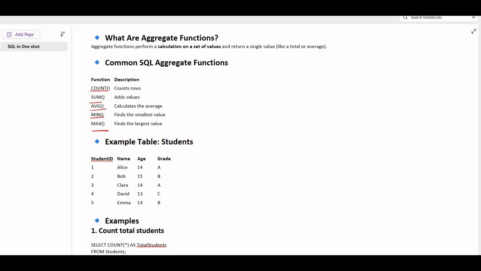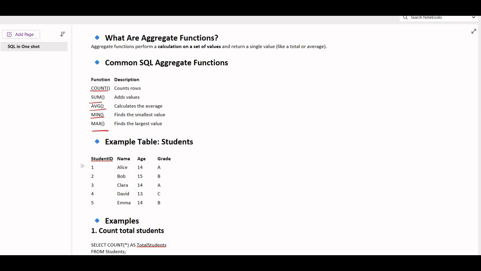SUM adds the values. AVG calculates an average: it adds the values and divides by how many numbers you added, that many as the n value in the denominator. MIN gives the smallest value. MAX finds the largest value. Okay, they have given an example table, that is the students.